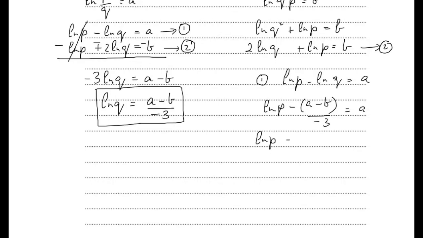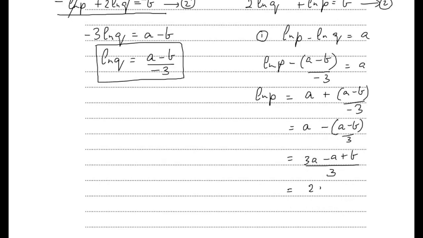So I can just take an LCM, simplify. So this negative sign, I'm putting it here, a minus b by 3. And then I'm going to take an LCM of 3 and I'll get 3a minus a plus b. If I simplify that, I get 2a plus b by 3 is log of p.